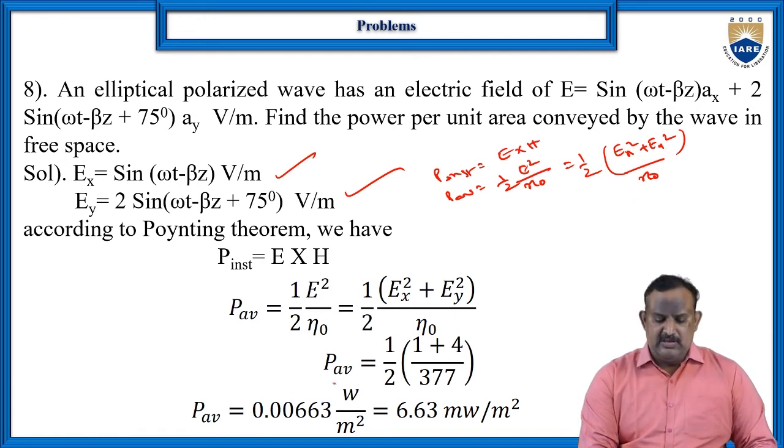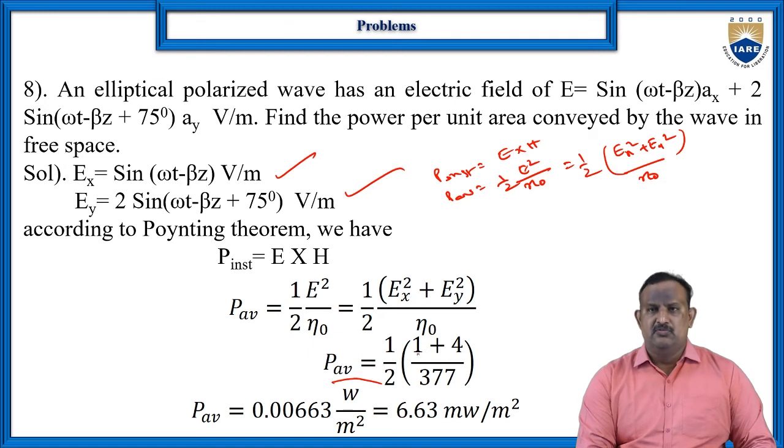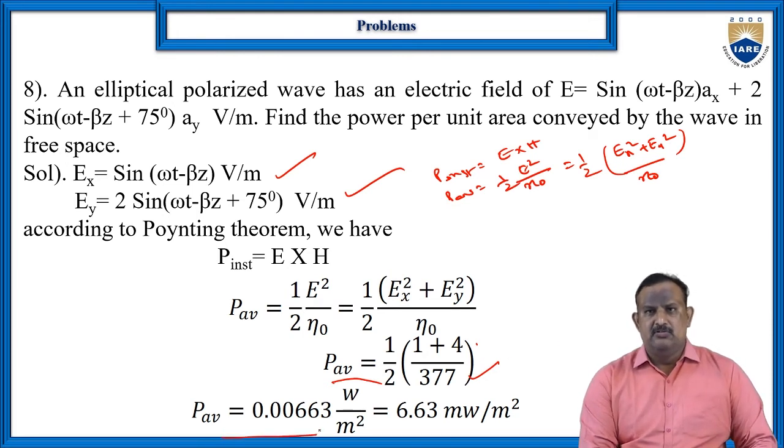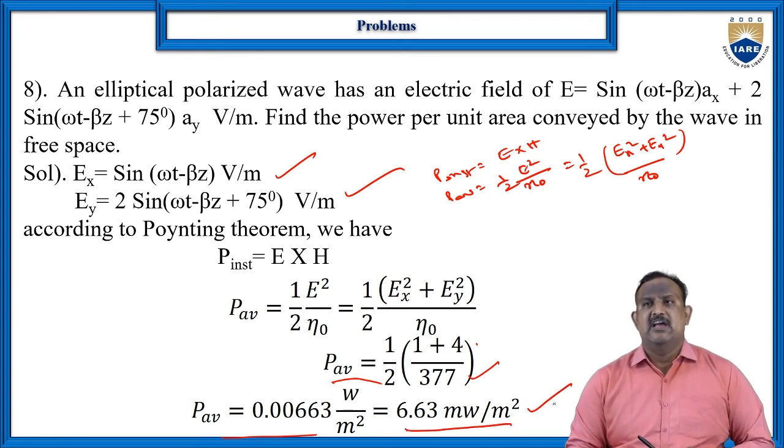Therefore, the average power P average equals 1 by 2 into (1 plus 4) by the intrinsic impedance, which is 377 or 120 pi. The average power equals 0.00663 watts per meter square, or 6.63 milliwatts per meter square. This is the average power of the given wave.